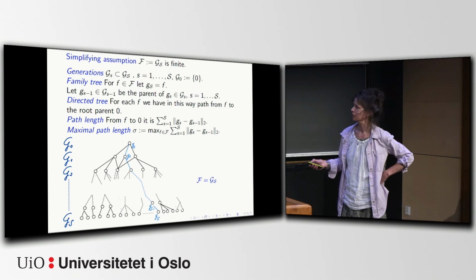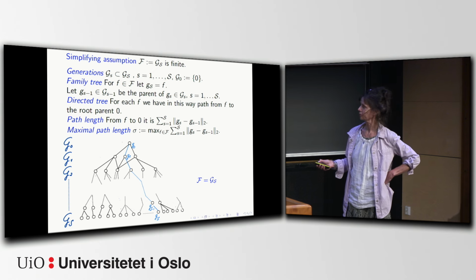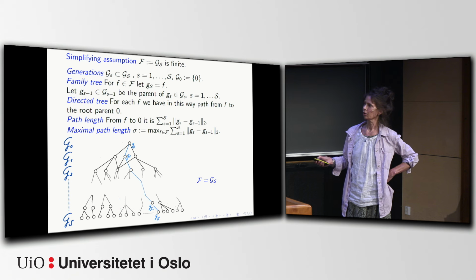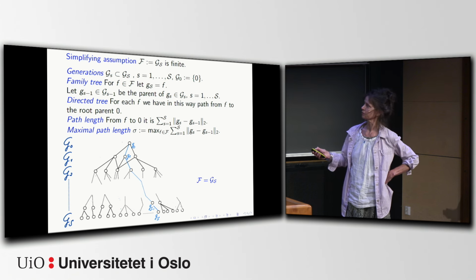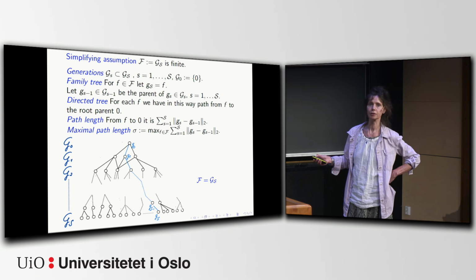All these nodes represent a point in my class, which I start with. And I then build a chain, a tree in my case, from the last generation to the root. G of S is some point in the last generation. G of S minus 1 is the parent of this guy.